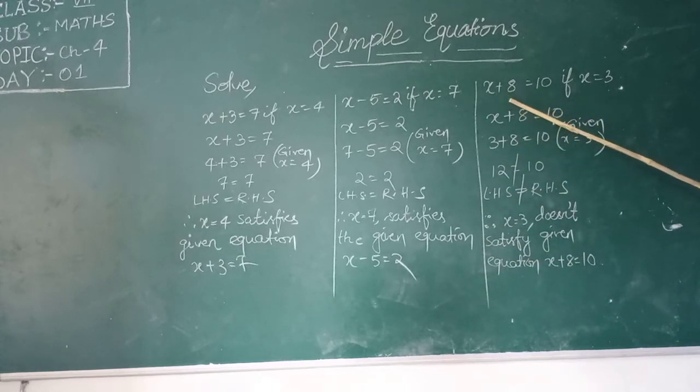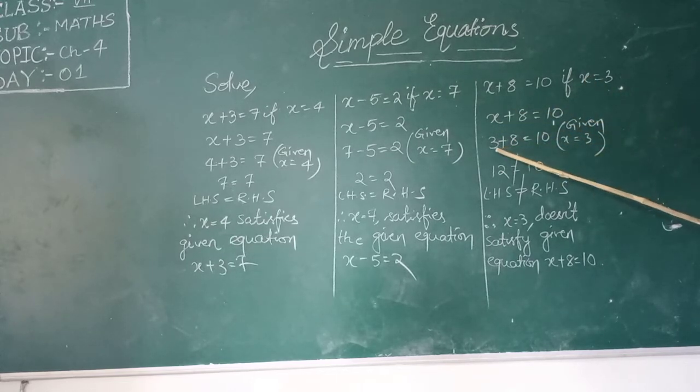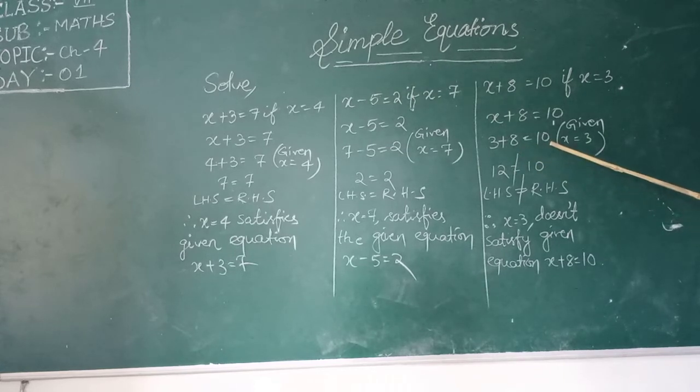See another example, x plus 8 is equal to 10. If x is equal to 3 is given, take the equation x plus 8 is equal to 10. In x, what do we substitute? What is given in the question? x is given as 3. So 3 plus 8, what is 3 plus 8? 11.